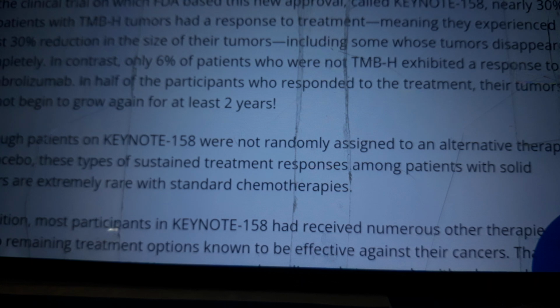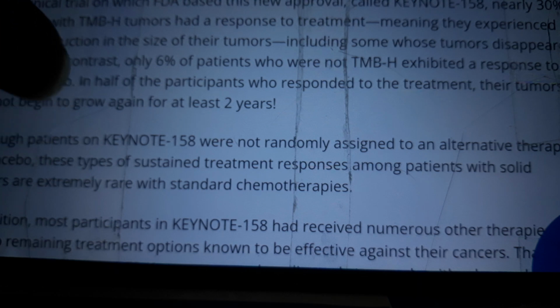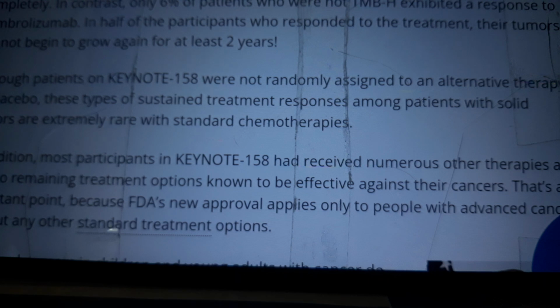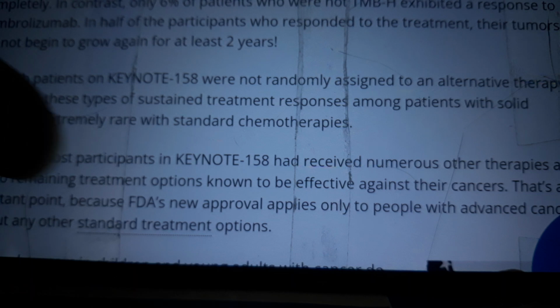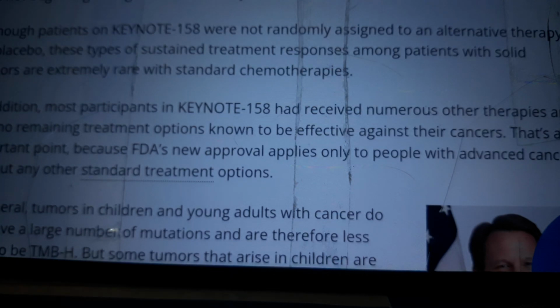In the clinical trial on which FDA based this new approval, called KEYNOTE-158, nearly 30% of patients with TMB-H tumors had a response to treatment. Meanwhile, they experienced at least a 30% reduction in size of the tumors, including some whose tumors disappeared completely. In contrast, only 6% of patients who were not TMB-H exhibited a response to pembrolizumab, and in half of the participants who responded to the treatment, their tumors did not begin to grow again for at least 2 years.